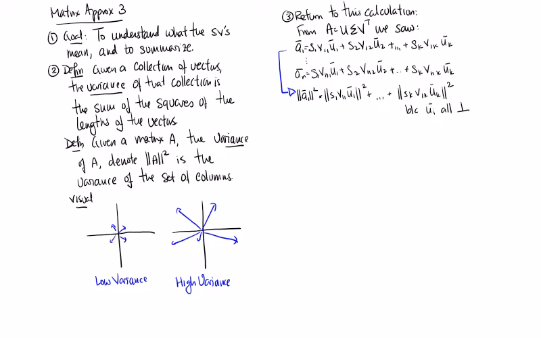Now what happens when we do this, of course, is the s's and the v's are just scalars. So they come out and get squared. But the norm of u_1 is 1 because the u's are unit vectors. So this just turns into, let me write the second term this time, this goes all the way to the end.